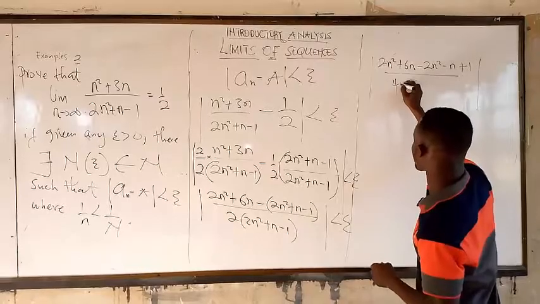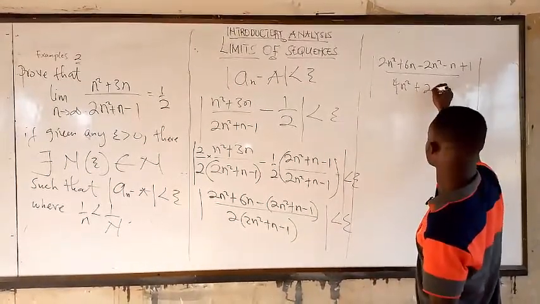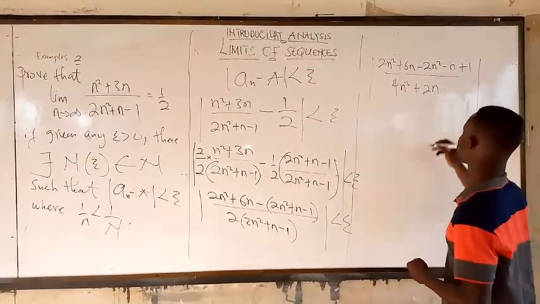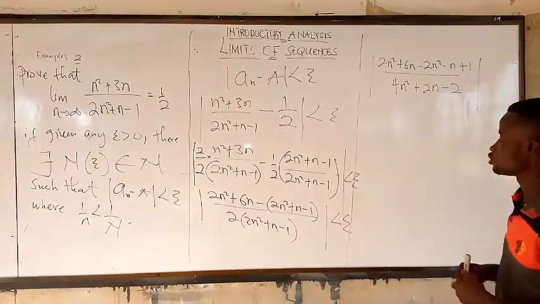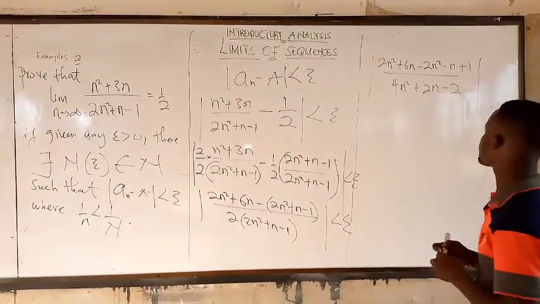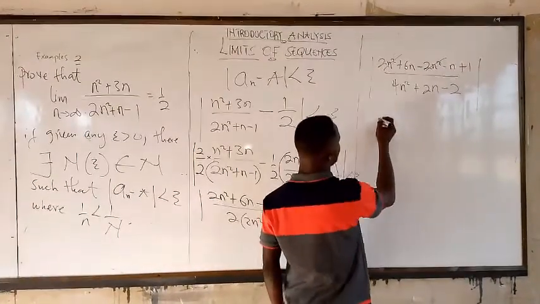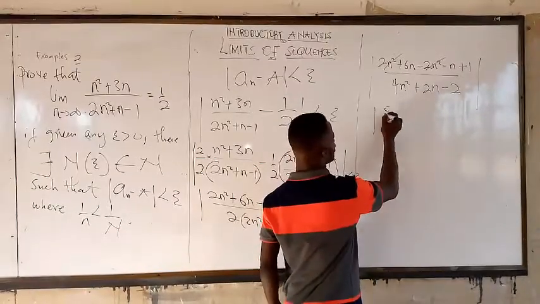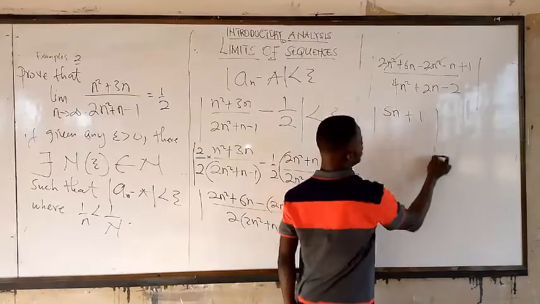And it's 4n squared plus 2n minus 2. Very good. So that is what we have there. This will cancel this, and we are left with 6n minus n. We get 5n plus 1.